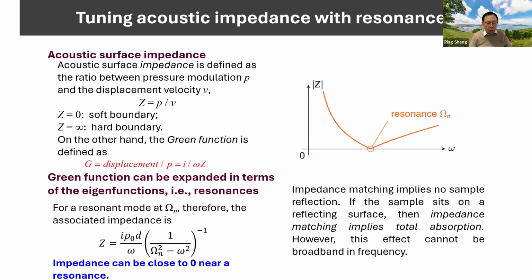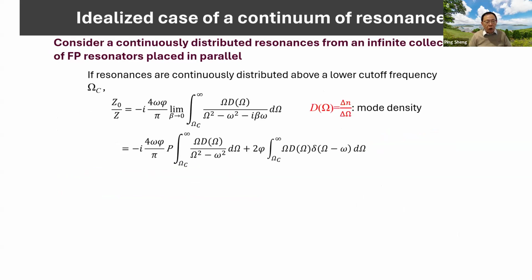So now we want to compose the different Lego pieces. So let's start with the idealized case of a continuum of resonances. So let us consider continuously distributed resonances from an infinite collection of Fabry-Perot resonators placed in parallel. You know, the Fabry-Perot resonator is a very simple item.